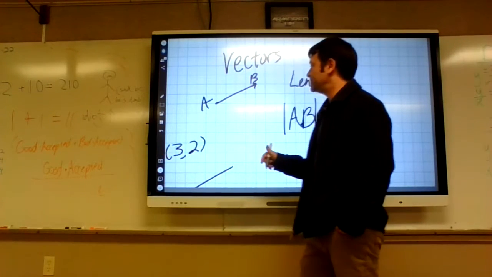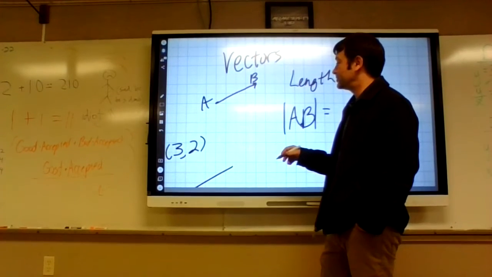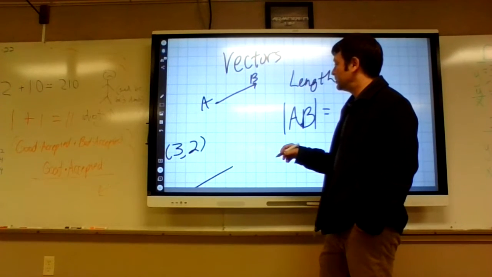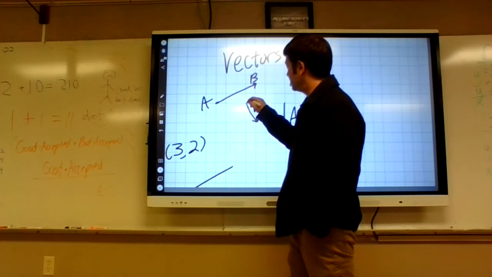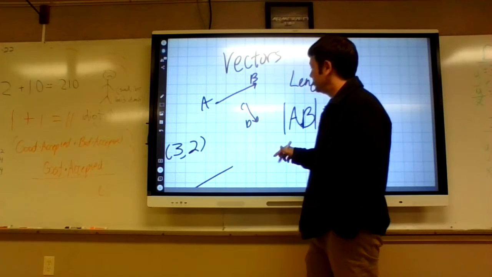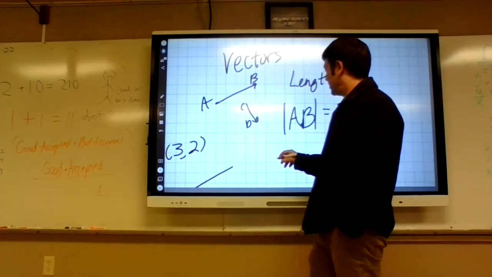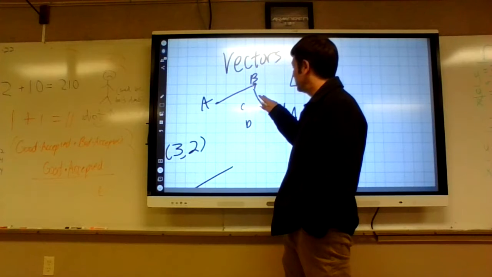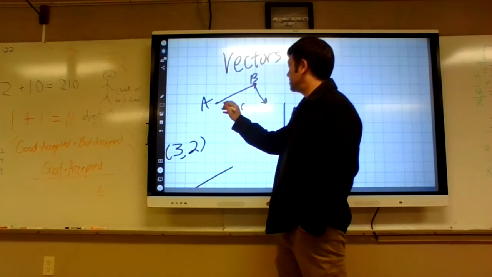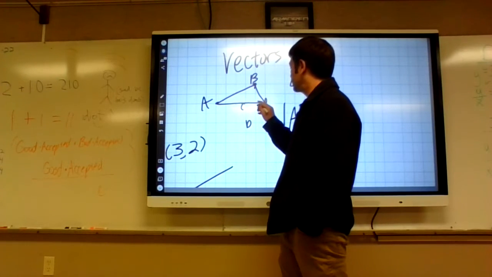Well, we're doing magnitude and adding different vectors together. If I have another vector here called CD, and if I add those two vectors together, the resulting vector is this one right here.